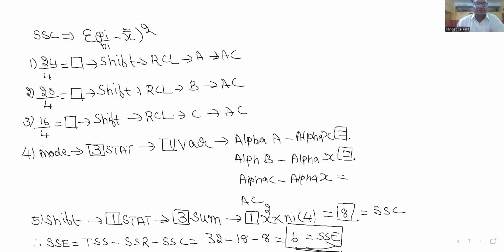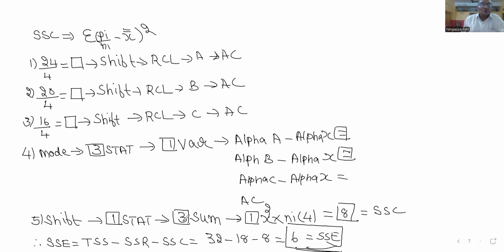Inside the column, you take alpha A minus alpha X equal to, button; alpha B minus alpha X equal to, button; alpha C minus alpha X equal to, button. Because only 3 rows are there, don't take alpha D. It becomes wrong. Then AC.